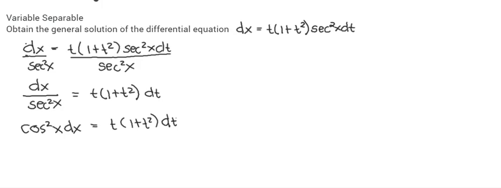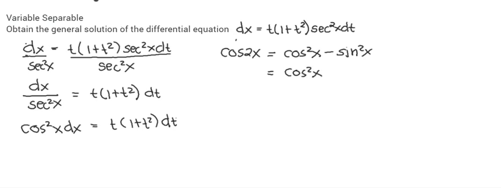Then we cannot directly integrate cosine squared x dx. To integrate it, we still have to rewrite it into a simpler form by applying the double angle identity. We have cosine 2x equals cosine squared x minus sine squared x, and since sine squared is 1 minus cosine squared x, we simplify to get cosine 2x equals 2 cosine squared x minus 1.